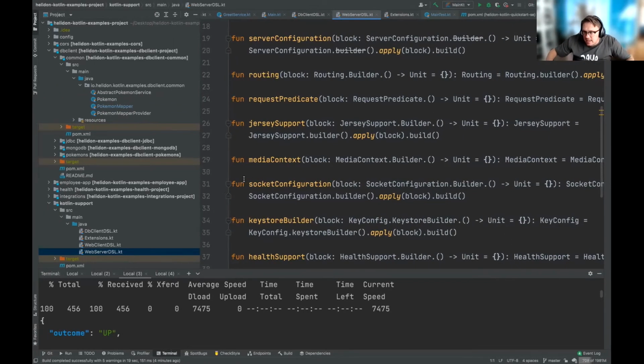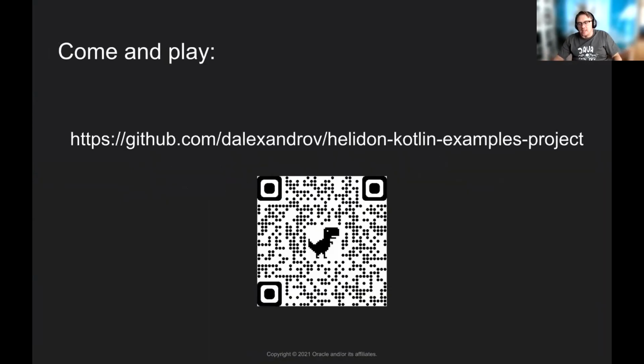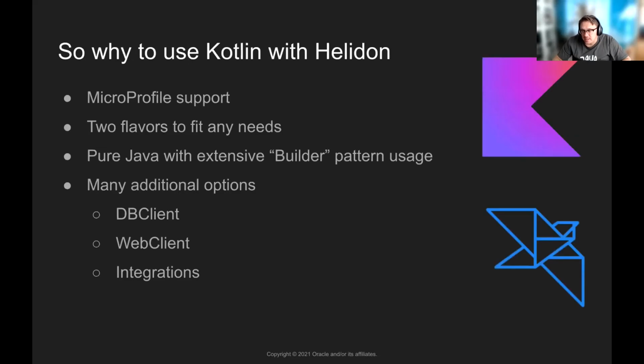So what's actually the idea? Currently, practically all of the examples which come with the Helidon project itself, there are like hundreds of them, are all rewritten in Kotlin with these extensions and DSLs. So you just go and play with it, and you see it works out of the box very nicely.